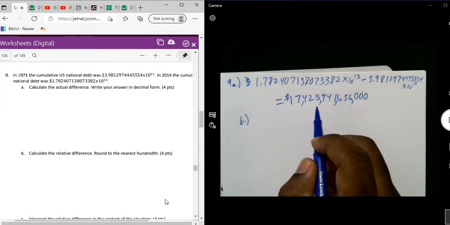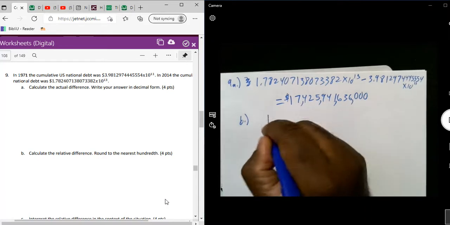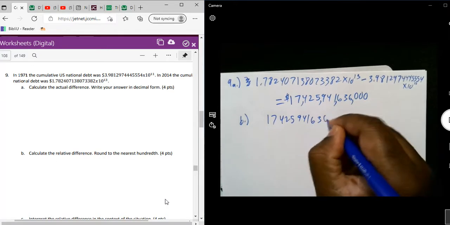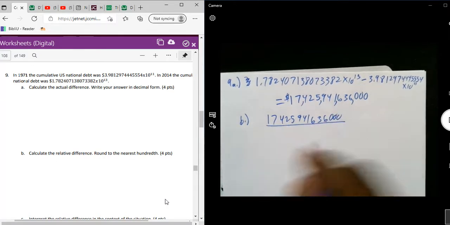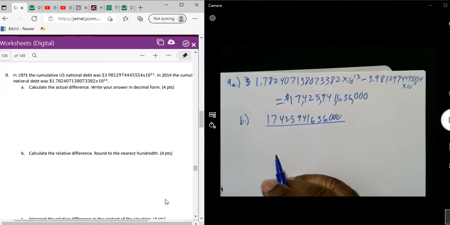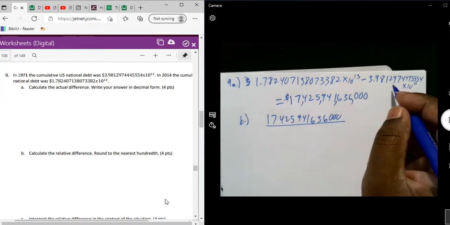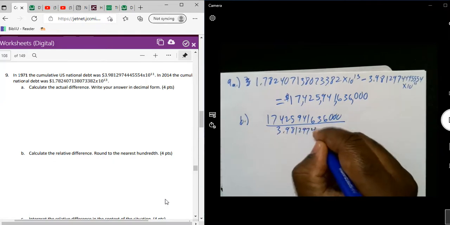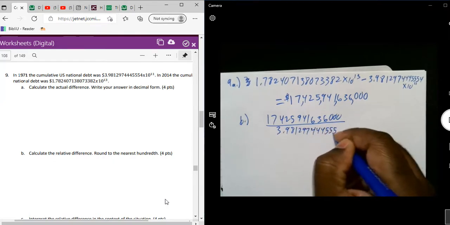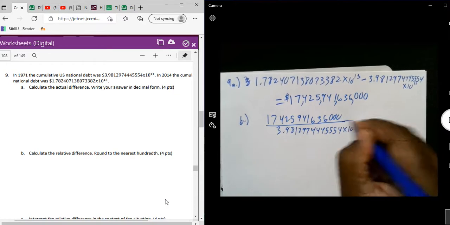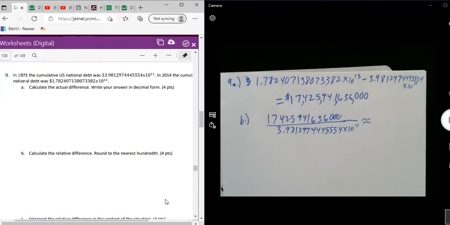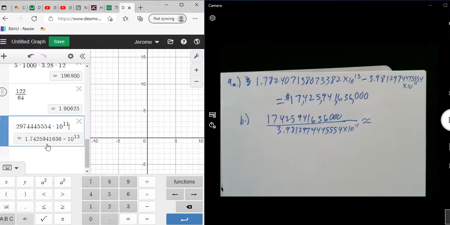So with that being stated, this right here would be our numerator, divided by the original, which would be in our denominator. So we'll take this value here and divide it, and it says round to the nearest hundredth. So that means they want us to round to 2 decimal places.